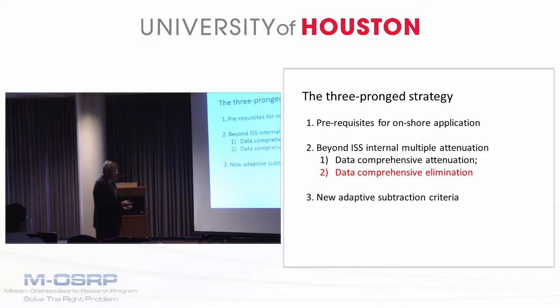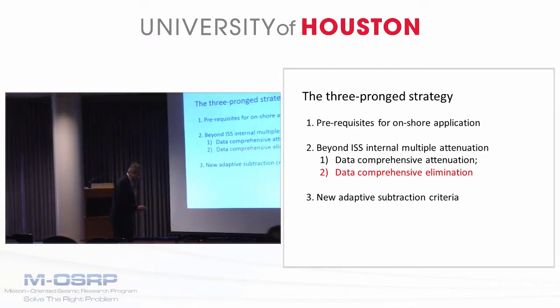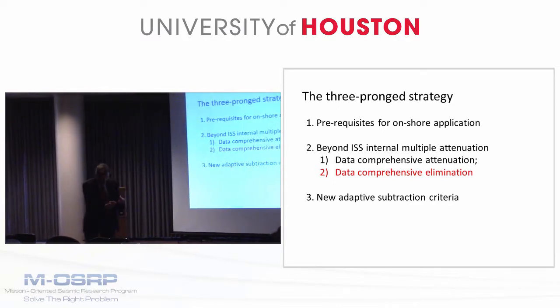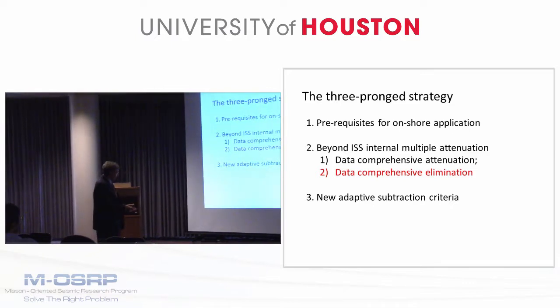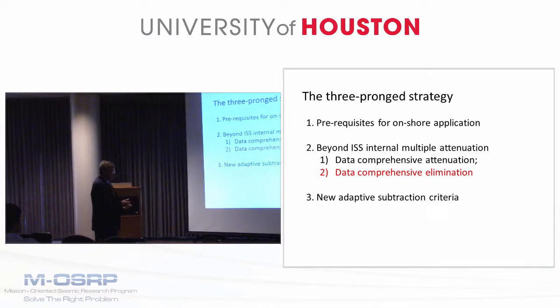energy minimization, adaptive subtraction, assuming that the energy will be less for an isolated internal multiple if that multiple wasn't there. So that is a very useful tool. It is the most capable current capability in industry for dealing with internal multiples.